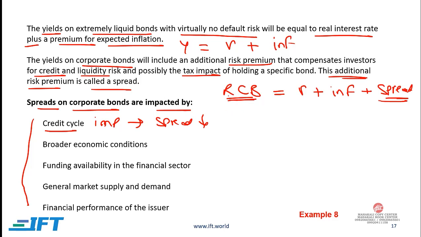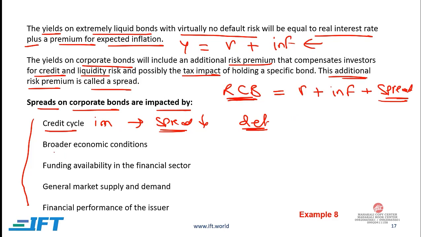When money flows into these bonds, the price goes up, which means that the yield comes down. A lower yield means that the spread relative to these risk-free bonds comes down. And obviously, the opposite is true. When the credit cycle deteriorates or worsens, then the spread will increase.